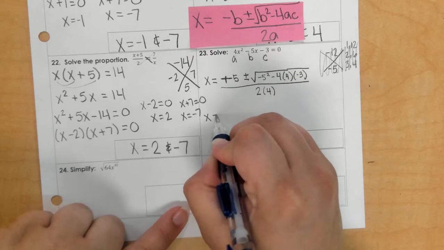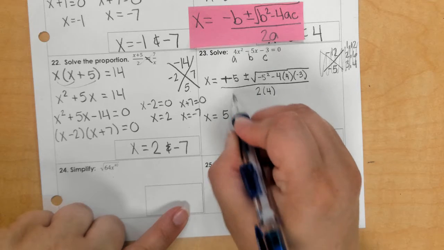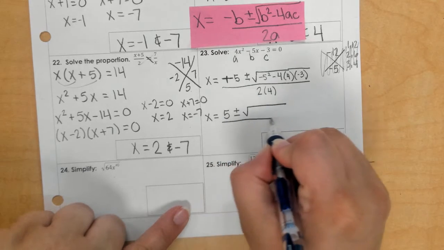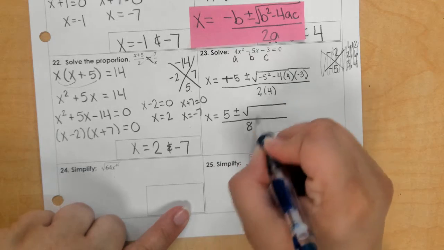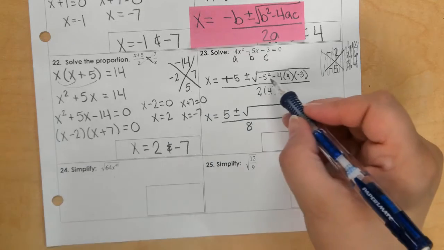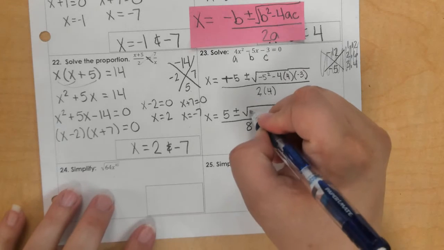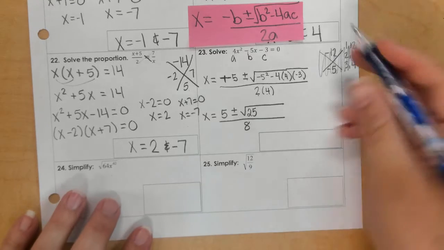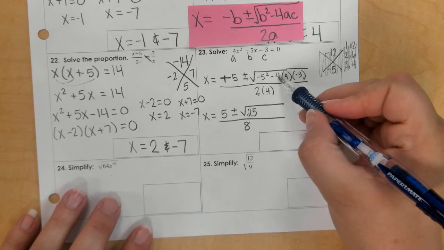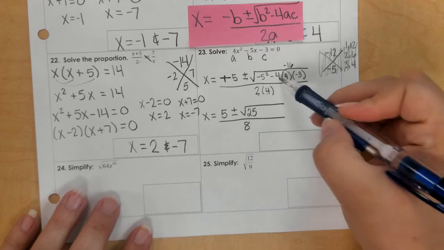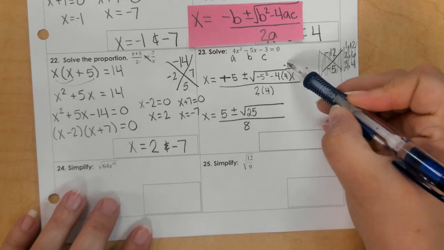So positive 5, so 5, plus or minus 2 times 4 is 8. That was easy to do. Okay, so negative 5 squared comes out to be positive 25. It is important that you get your signs right. Okay. Then negative 4 times positive 4 is negative 16. So I did this part right here. I got negative 16.